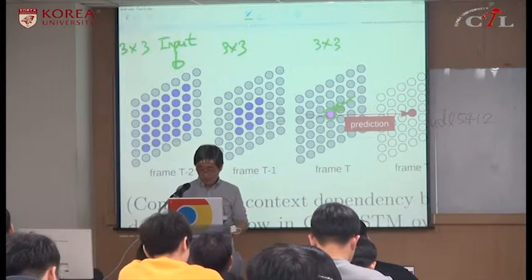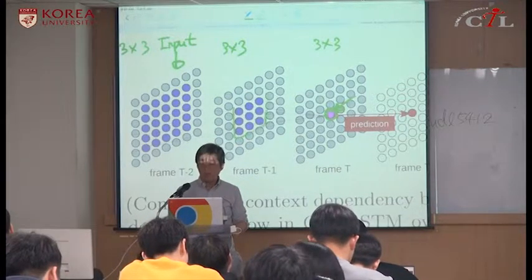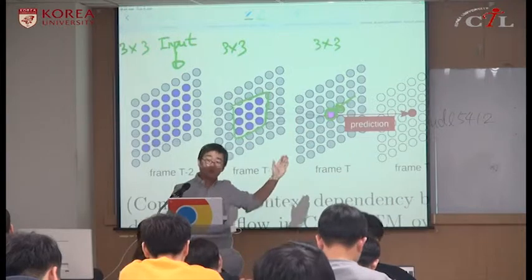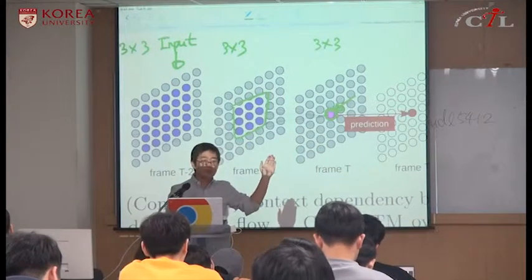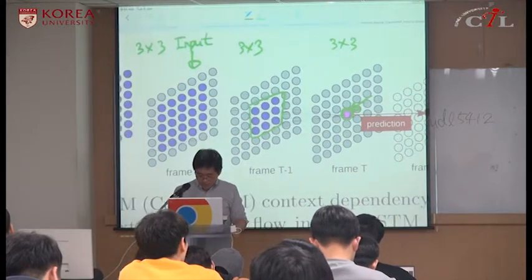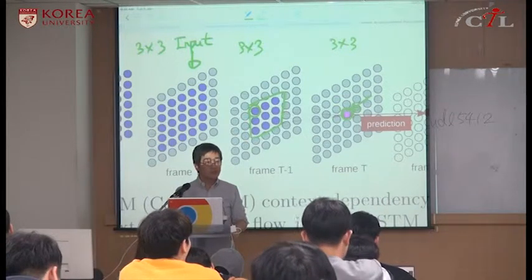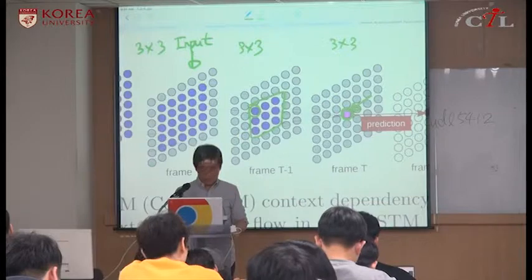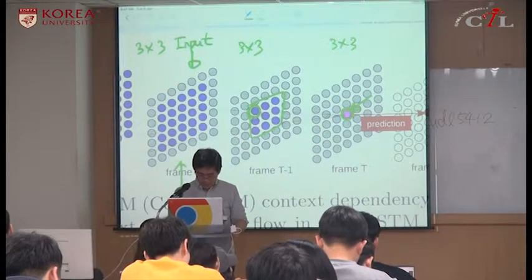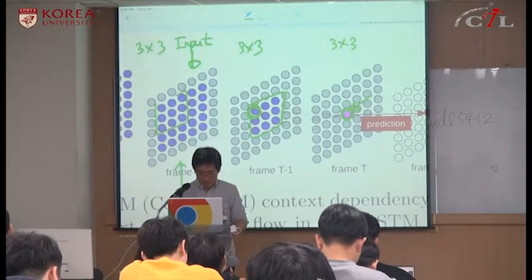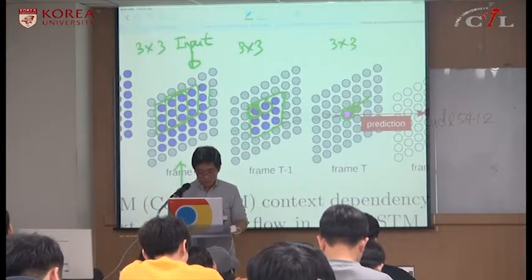So this one looks at this 3 by 3 in the previous layer output, right? And then now, what about this guy? Which regions does it look at in this input? So this guy is looking at this region, and this guy is looking at this region, and so on, right?